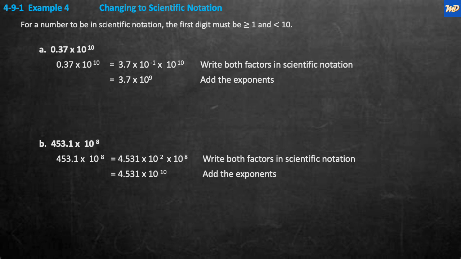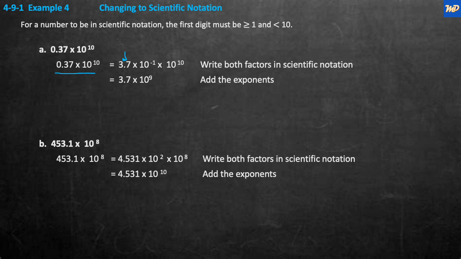So in problem A, we have 0.37 times 10 to the 10th. In order to convert this, it looks like scientific notation, but it's not, because we don't have the decimal point in the correct spot. In this case, it'd be between the 3 and the 7. So here's the problem, 0.37, and we want to move the decimal point to get 3.7.